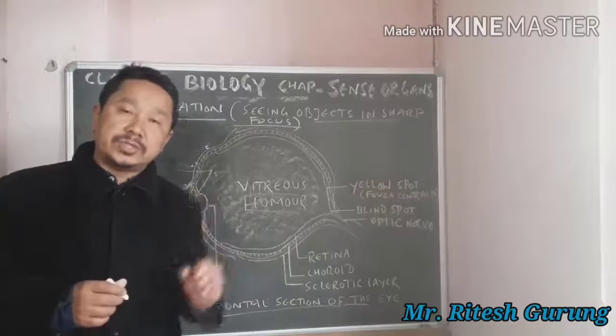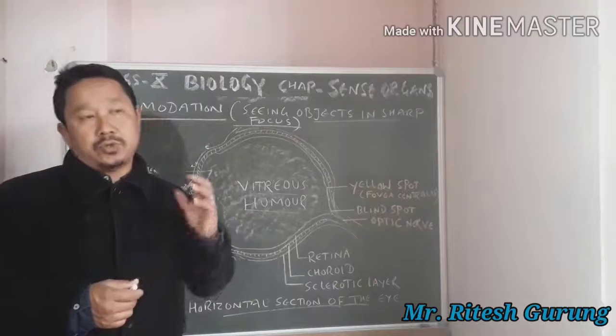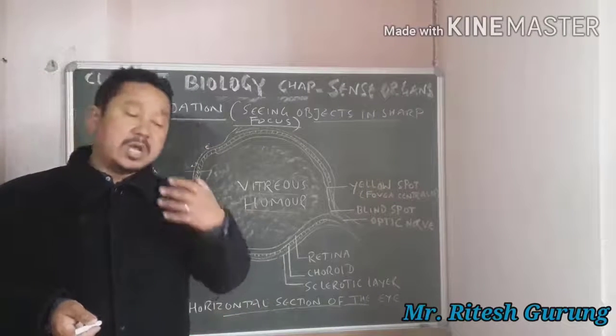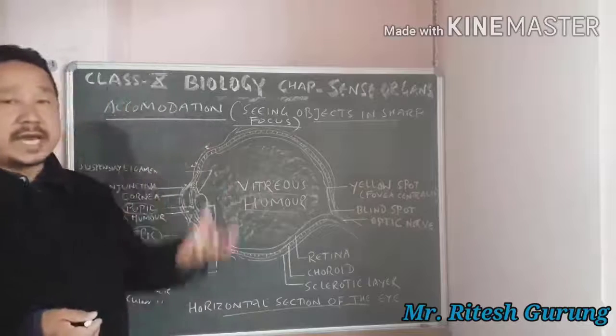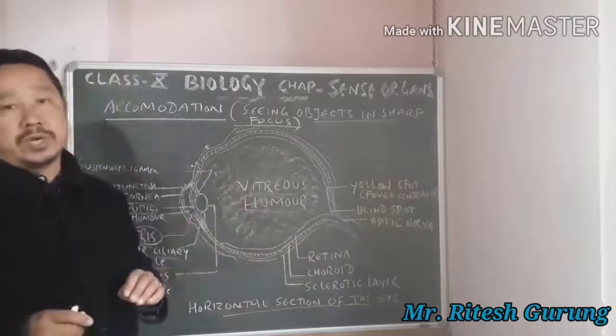To see objects clearly, the image should be in sharp focus in both the eyes. So the process of focusing the eyes to see objects at different distances is called accommodation.